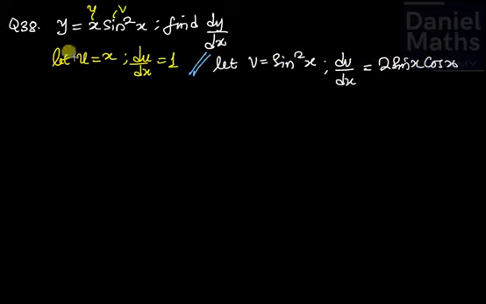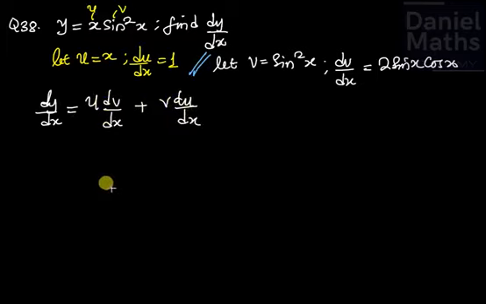Now we're going to use that to plug into our formula to find that dy upon dx is equal to u dv over dx plus v du upon dx. So this is our product rule.